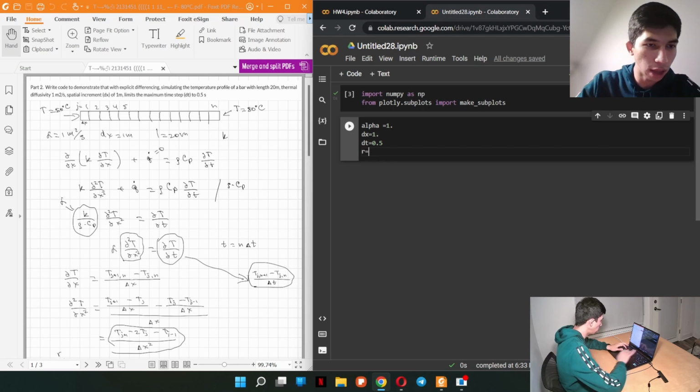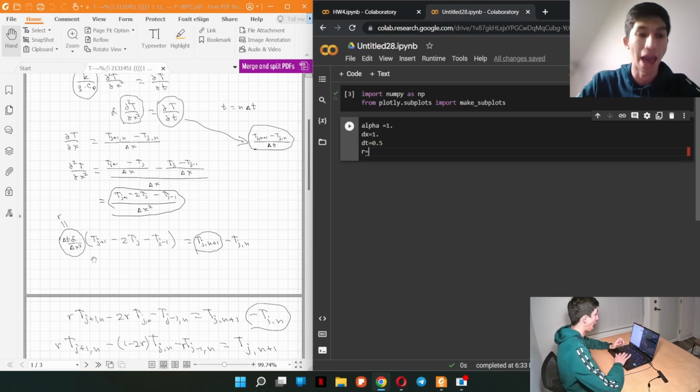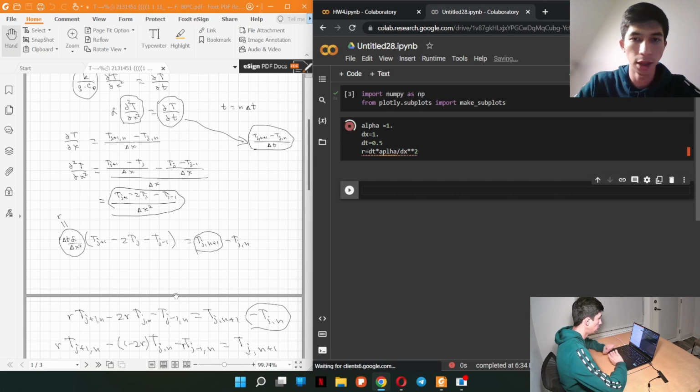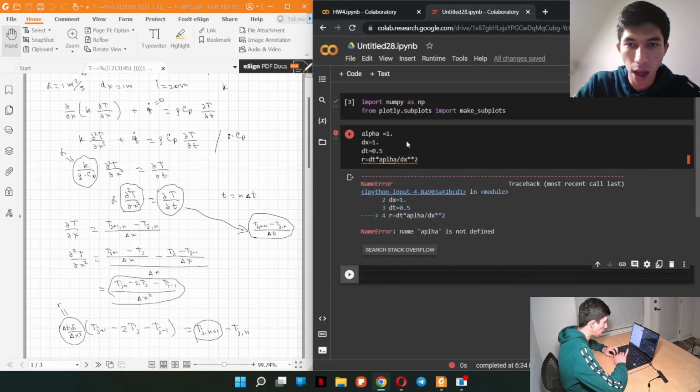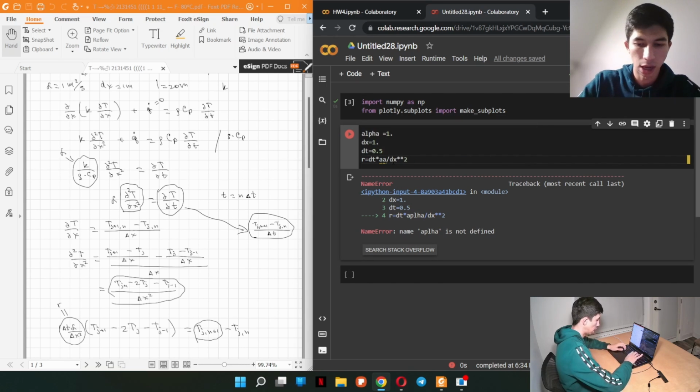Okay, and we know that our r here is equal to dt times alpha over dx squared. So that's going to be dt times alpha over dx squared. I'm going to run it. Alpha, sorry, typo.